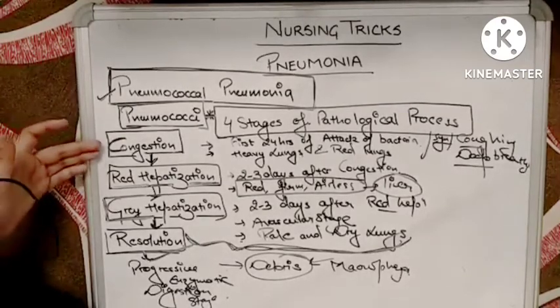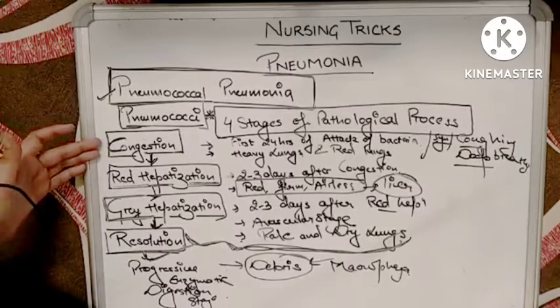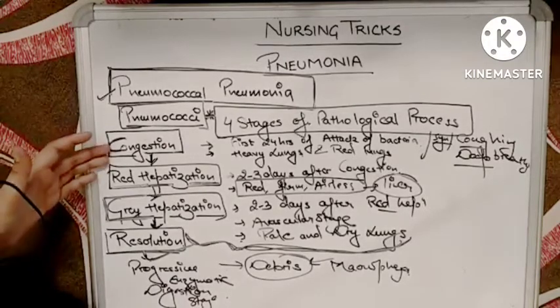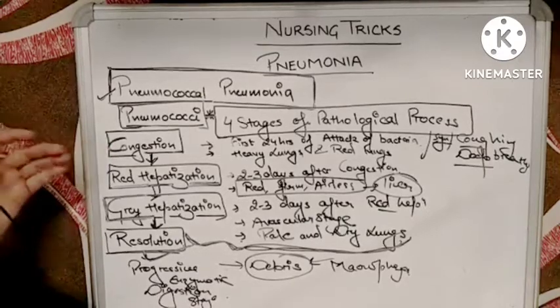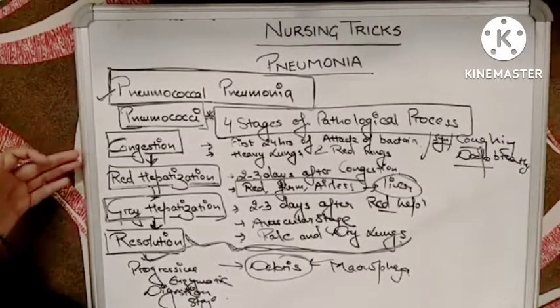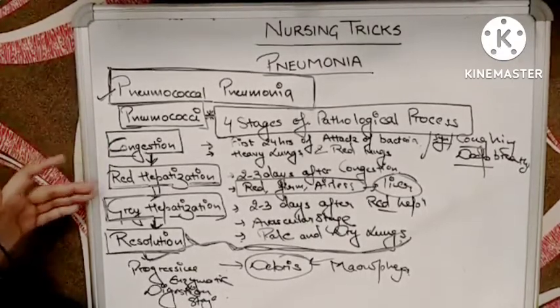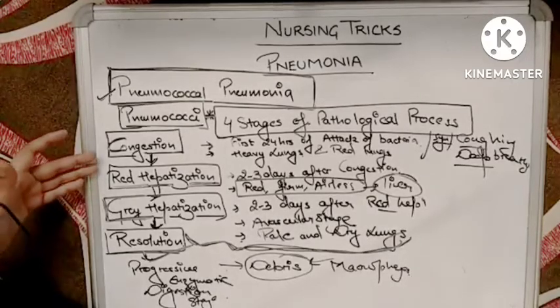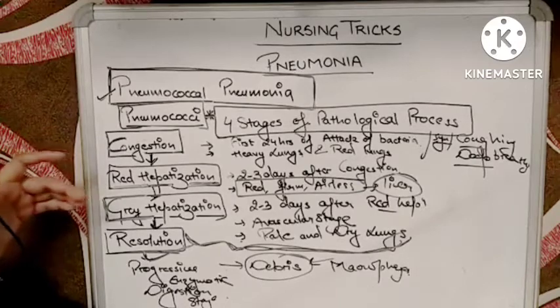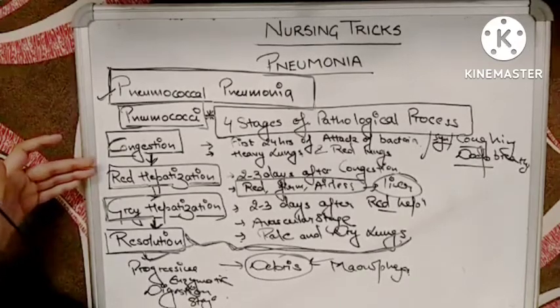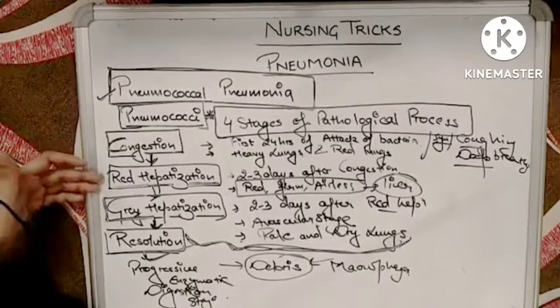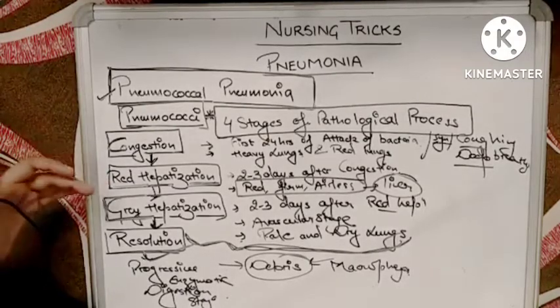The lungs are very heavy and red in color, the capillary walls are very congested, and the child will have coughing and deep breathing. The second stage is red hepatization, which occurs 2 to 3 days after the congestion. The lungs appear red, firm and airless, resembling the liver.